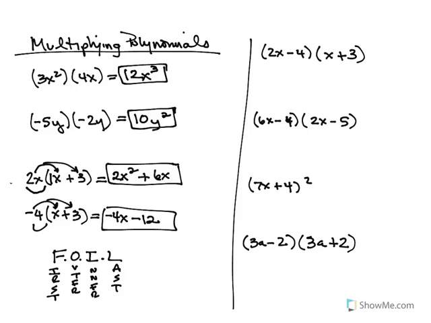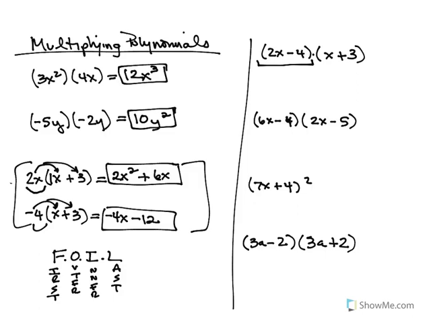So essentially, distributing is what we did on these last 2 problems here. Well, on this problem, 2x minus 4 times x plus 3, whatever is in the first set of parentheses is distributing to everything in the second set.